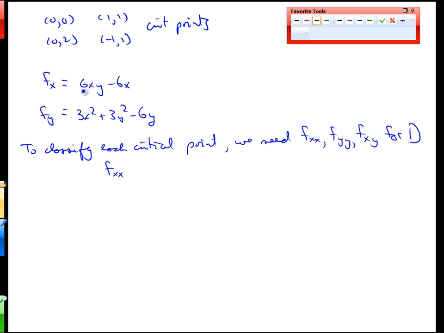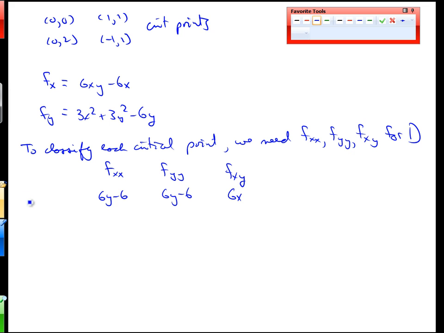The x second derivative is 6y minus 6. The y second derivative, with respect to y, that'll be 6y minus 6. That's right, okay, just a quick sanity check there. And last but not least, I'll take the y derivative of this and we'd get 6x.